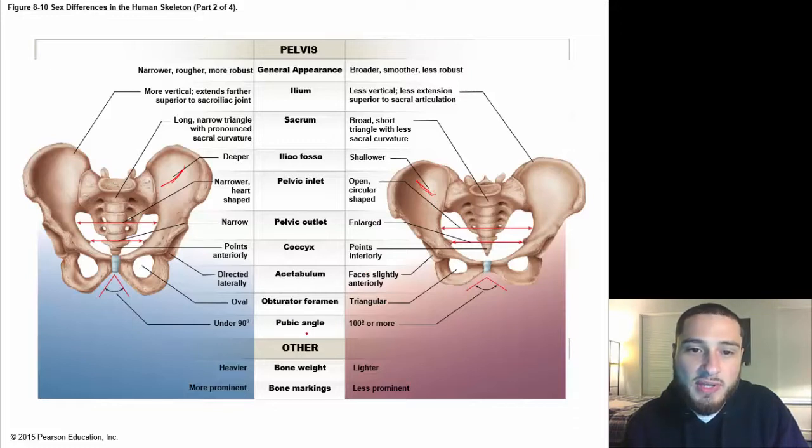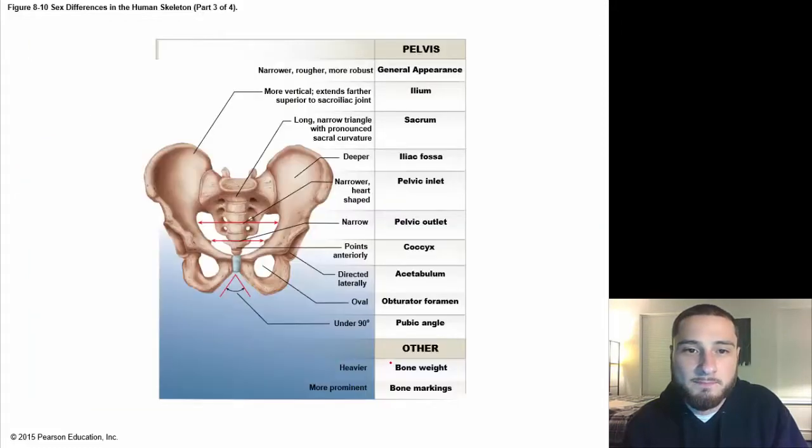As well, the pubic angle is typically under 90 degrees in males, and in females it's greater than 100 degrees, definitely greater than 90 degrees. Bone weight is heavier and more prominent in males, and in females less prominent and lighter in weight.